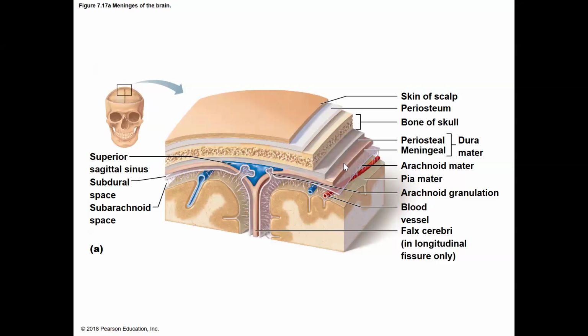So: dura mater, tough mother; arachnoid mater; and pia mater. Right in here you have cerebrospinal fluid that helps to cushion the brain, and then you see the cranium of the skull.